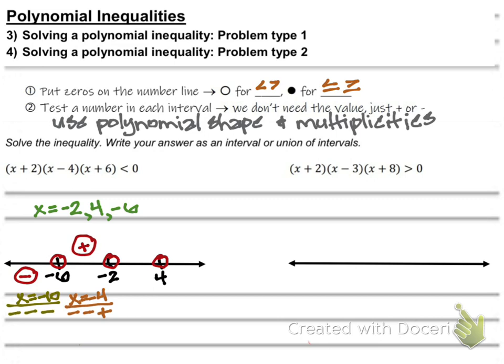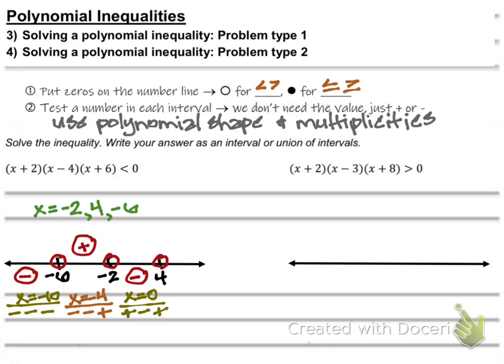All right, let's go from negative 2 to 4. Let's see what happens at x equals 0. Always easiest to use a 0 if you can, right? So I'm going to have a positive. 0 minus 4 is negative. 0 plus 6 is positive. So that means the graph is negative between negative 2 and 4.